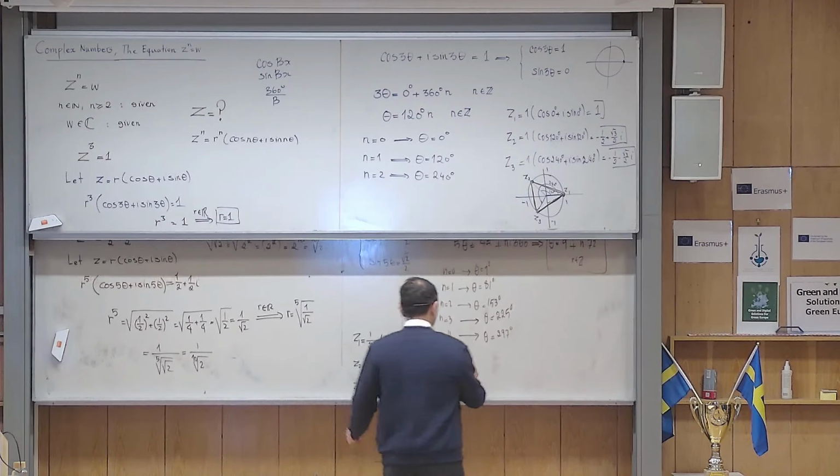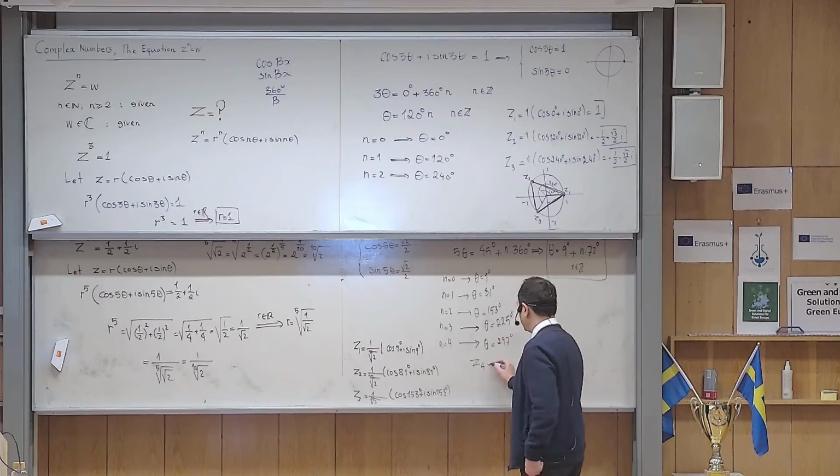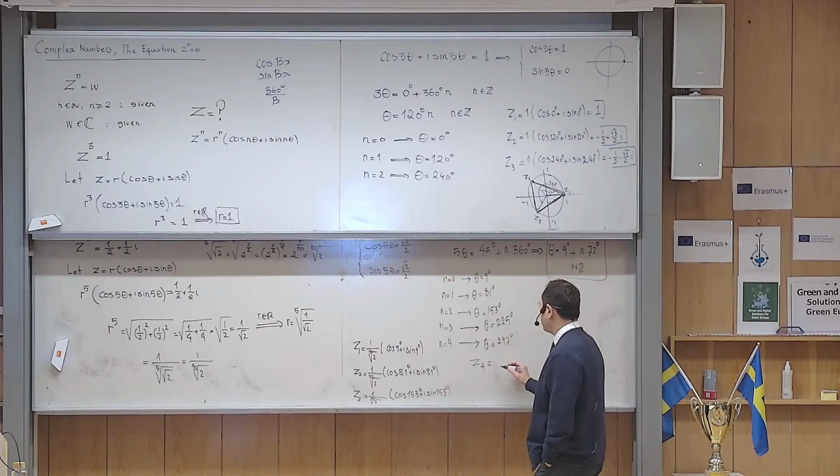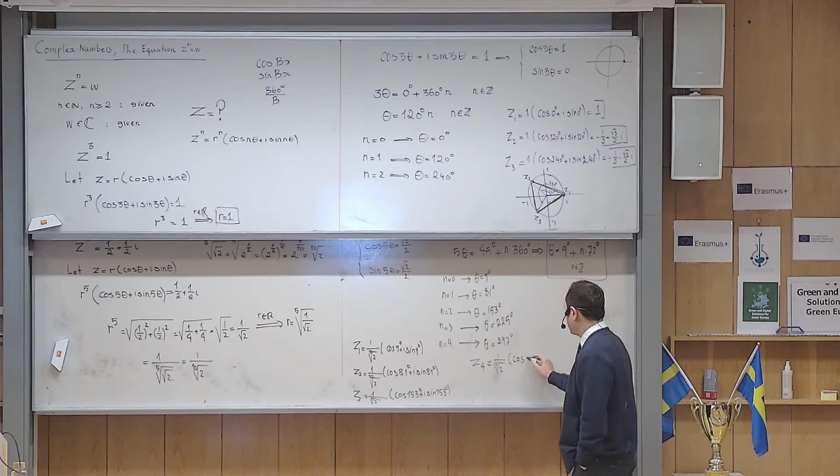And then finally, the other two. z4 is 1 over the 10th root of 2 cosine of 225 degrees plus i sine of 225 degrees.